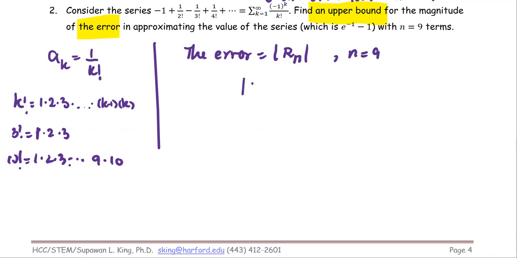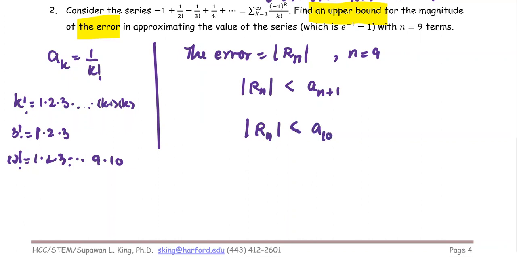So the absolute value of Rn, or the magnitude of Rn, is less than a(n+1), or we can say the absolute value of Rn is less than the a10 term.